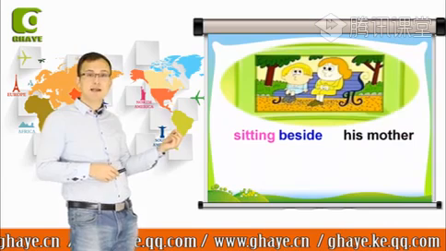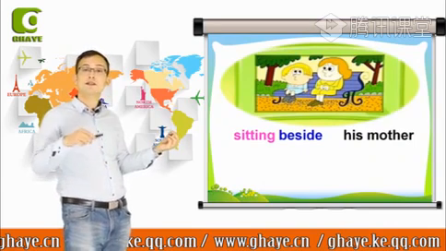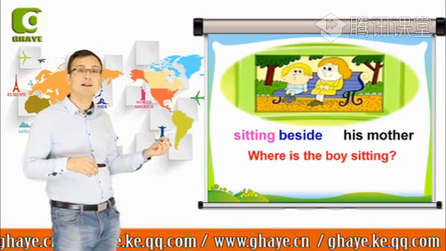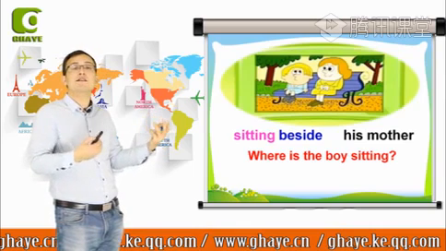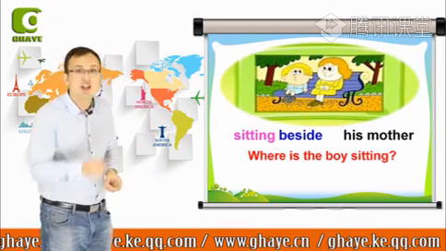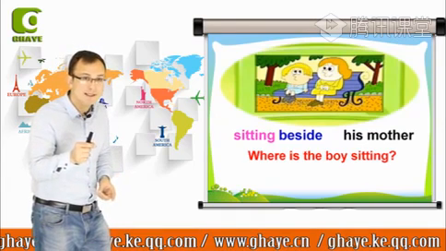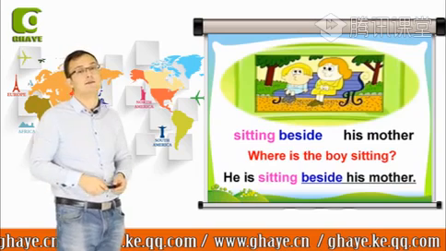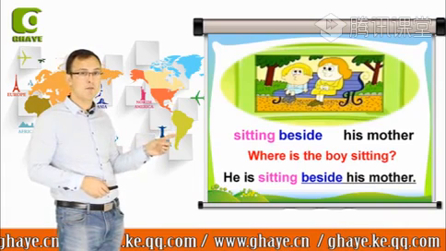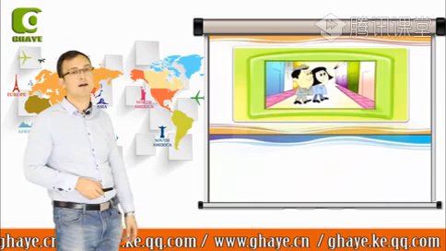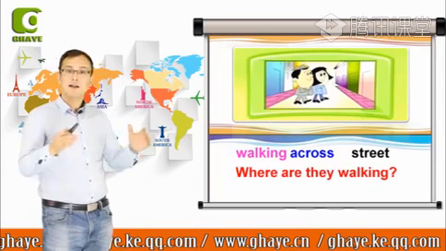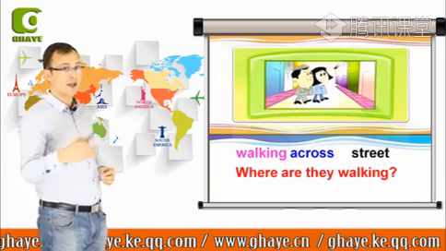Sitting beside his mother. So where is the boy sitting? He is sitting beside his mother. Okay, and walking across the street. So where are they walking?